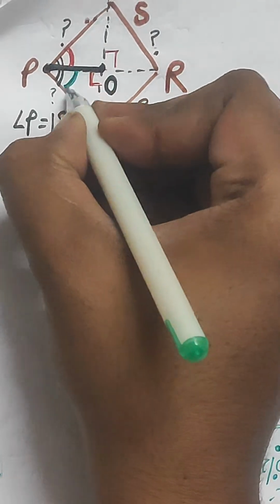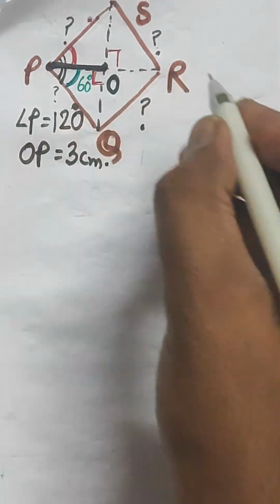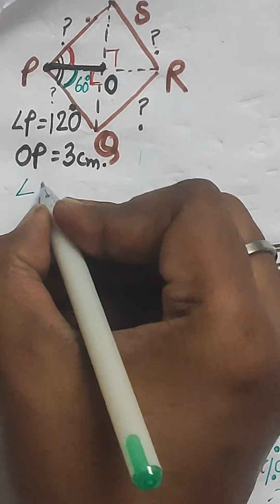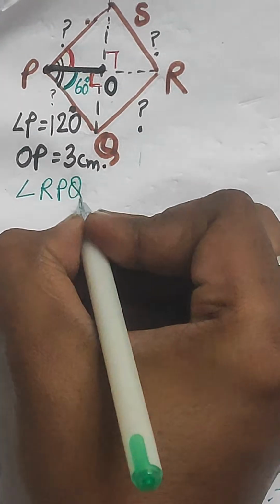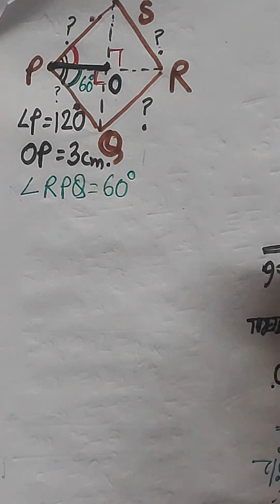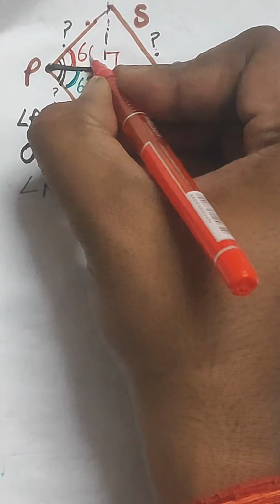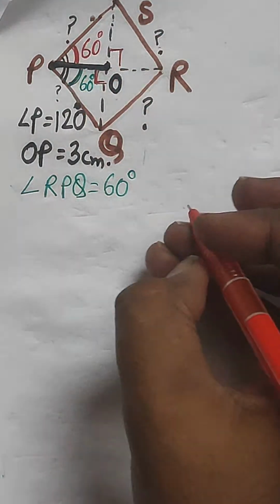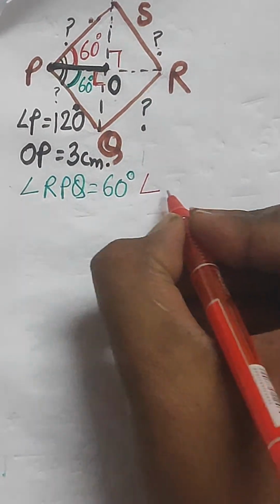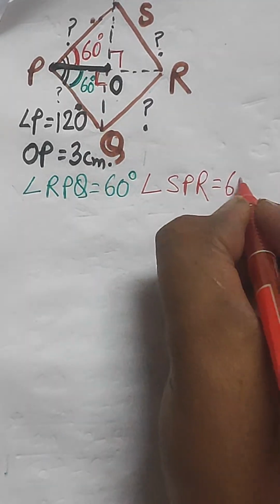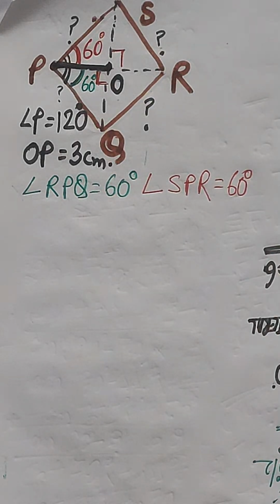So angle RPQ will be 60 degrees. Similarly, angle SPR is equal to 60 degrees. I'm writing angle SPR is equal to 60 degrees.